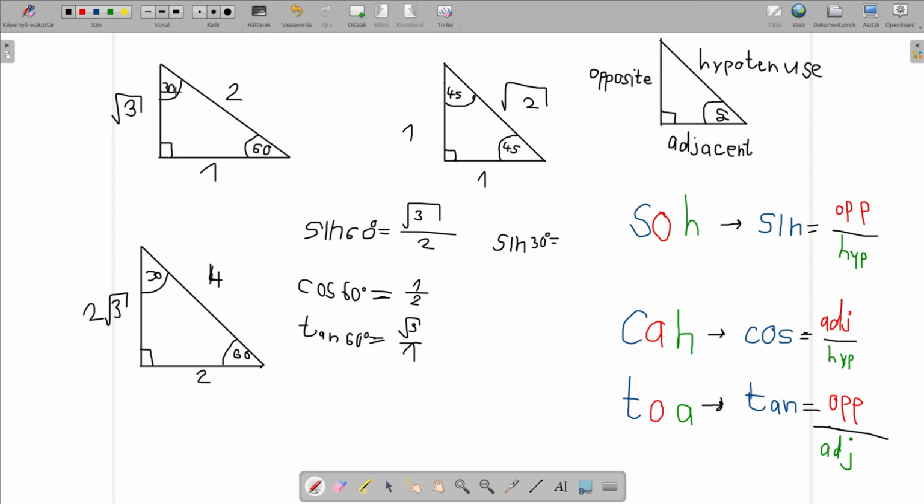If we have this 30 degrees, the side opposite to this 30 degrees is the side with length 1, and the hypotenuse is always the hypotenuse, so this is going to be a half. The cosine of 30 degrees is going to be equal to, so we have this 30 degrees, and the side adjacent to the 30 degrees is the square root of 3, and the hypotenuse is just 2.